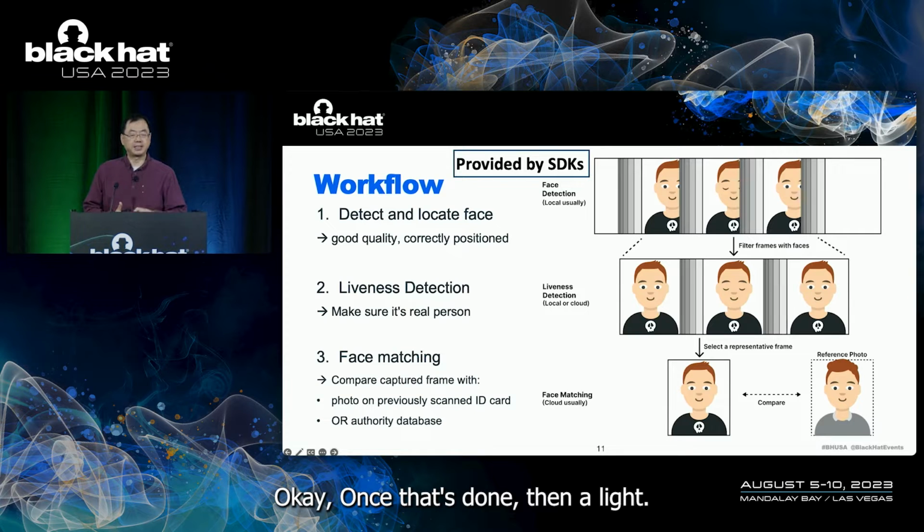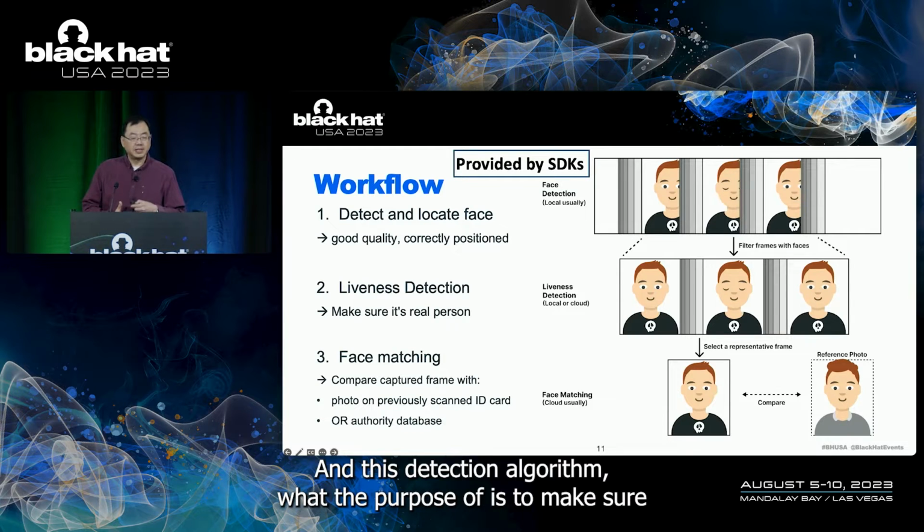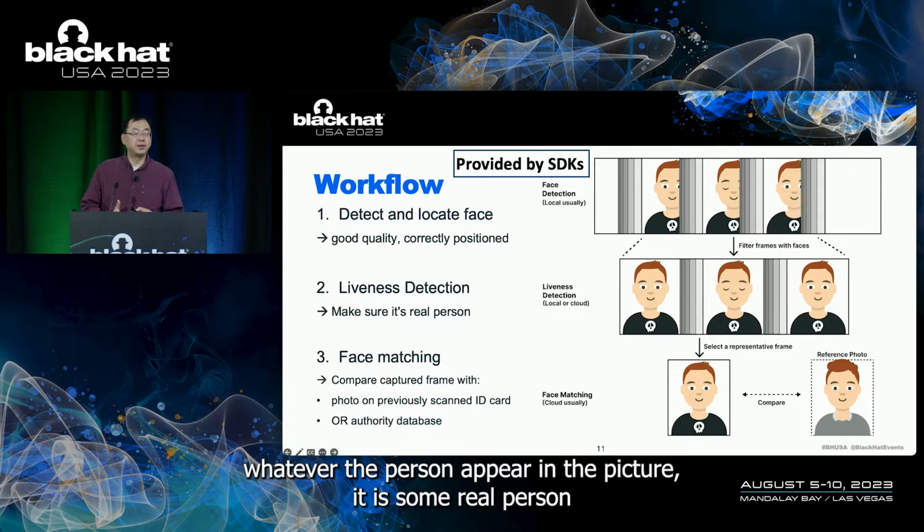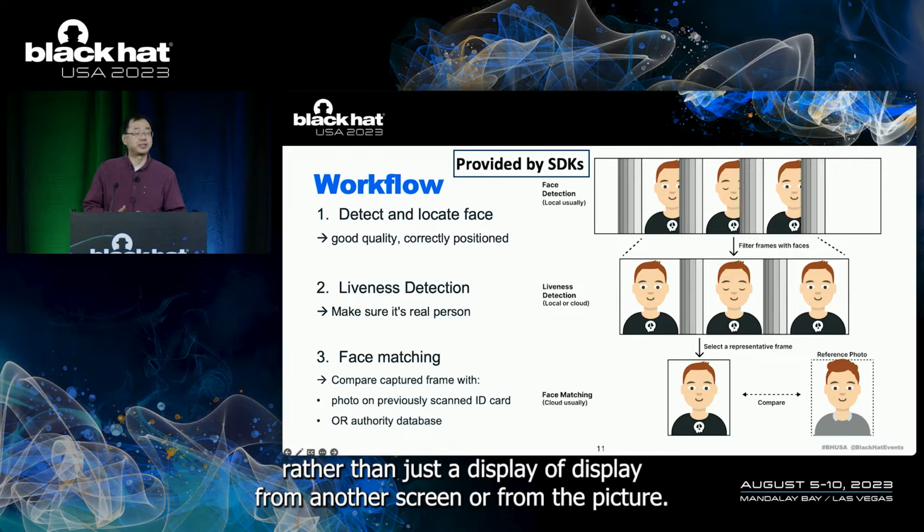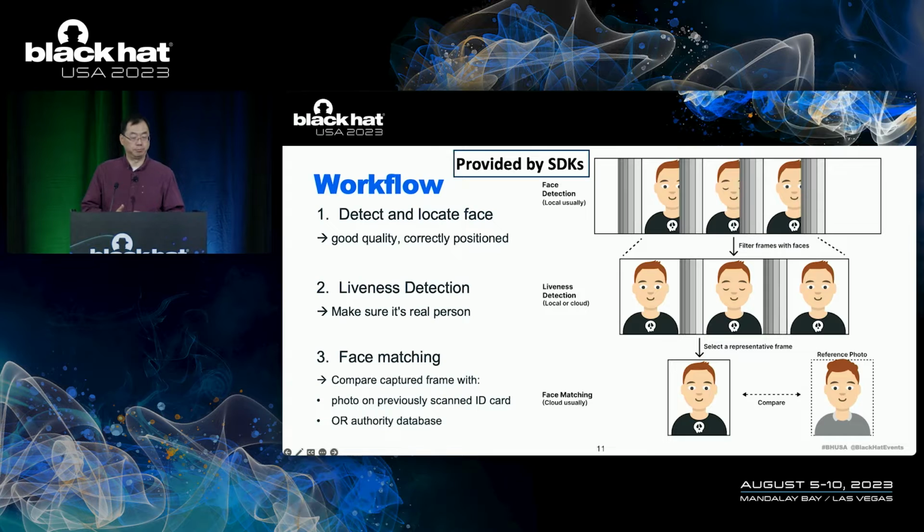Once that's done, a liveness detection algorithm will be run. The purpose is to make sure that whoever appears in the picture is a real person, rather than just a display from another screen or a printed picture.